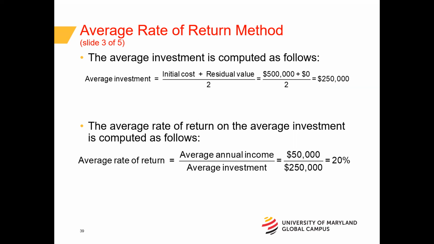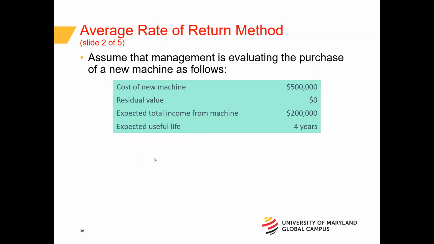Here's how it works. Initial cost plus residual value, 500,000 plus 0 divided by 2 gets us to 250,000. To find the average rate of return, average annual income is 50,000. Why 50,000? You might be asking.